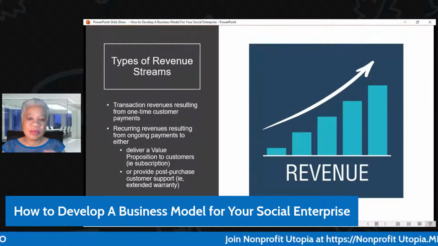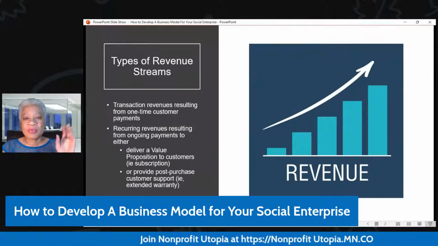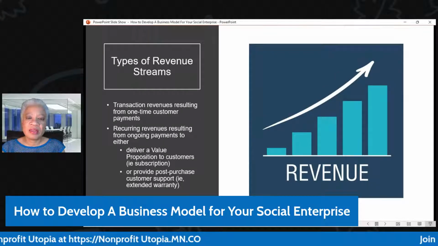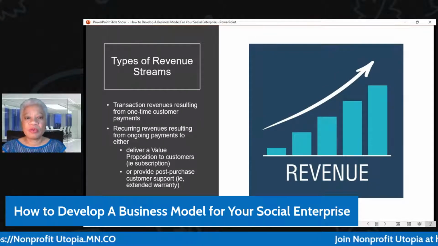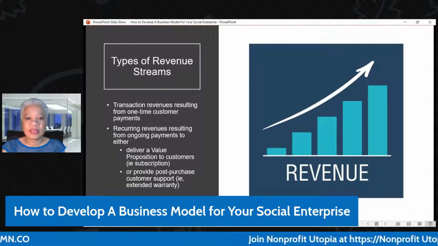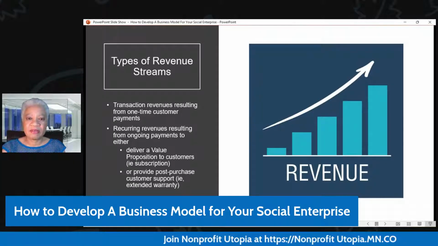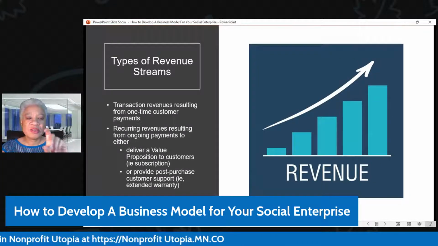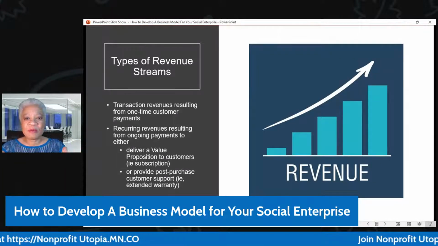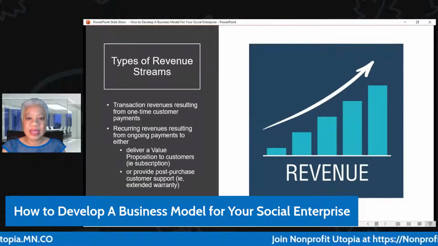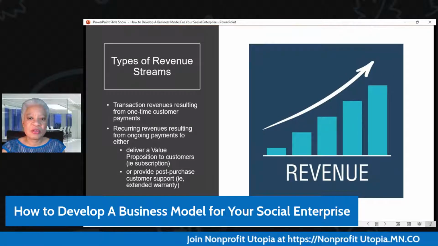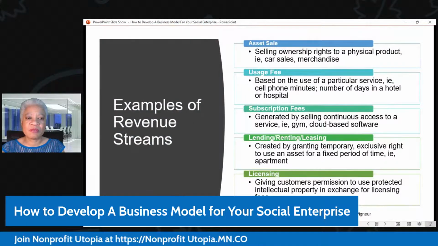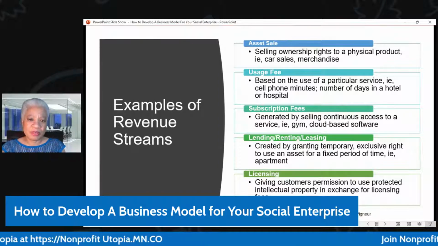People buy stuff from the store, people buy stuff from your website, or it could be a subscription where you're getting ongoing revenue, or it could be an extended warranty where you're extending that relationship with your customer over time. So you're going to list the various types of ways that your money comes in and get a sense too as to how much money is coming in from those different types of revenue streams.